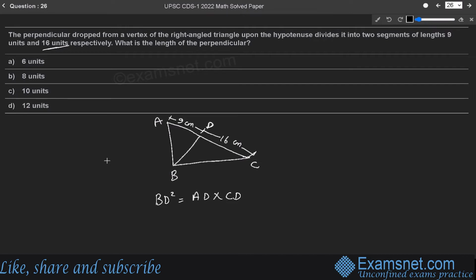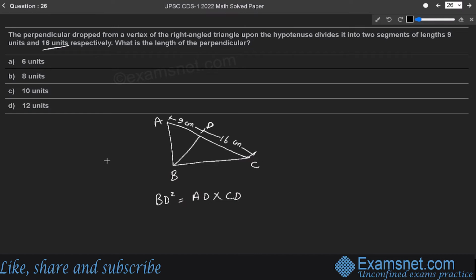So there is a concept that if perpendicular BD is drawn on the hypotenuse from the right angled vertex, then BD square is equal to AD into CD. Now according to the question, AD is 9 units and CD is 16 units, which you can see in the diagram, and we have to find the value of BD.